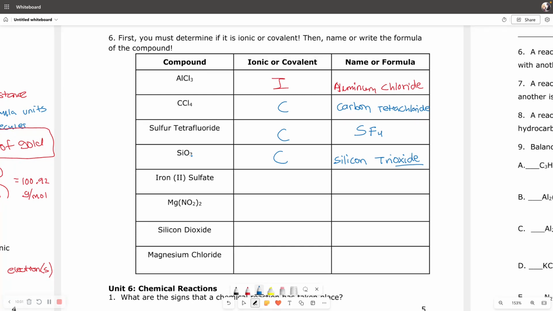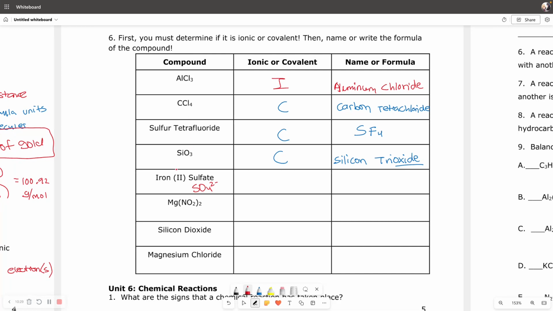Next up, we have iron 2 sulfate. Remember that special occasion we talked about with the Roman numerals? They only occur with a transition metal and, of course, a couple exclusions. But we know iron is a metal. Iron is a metal, and sulfate is on the back of your periodic table as a polyatomic ion. And if you look down and find it, sulfate is going to be SO42-.